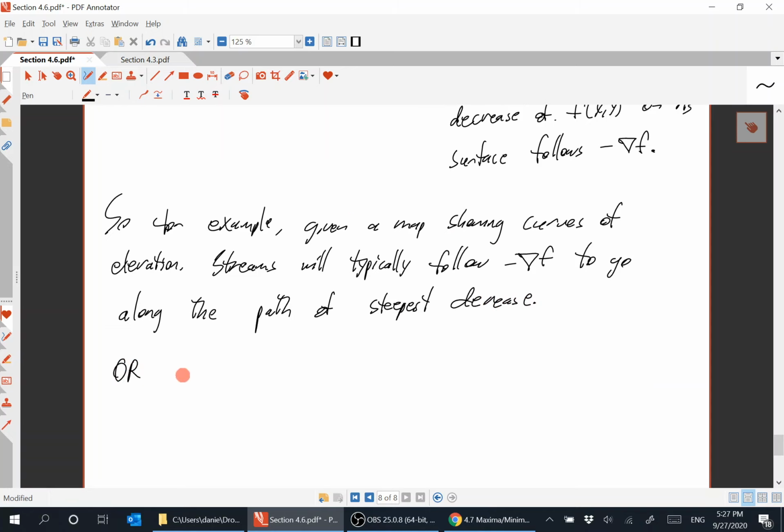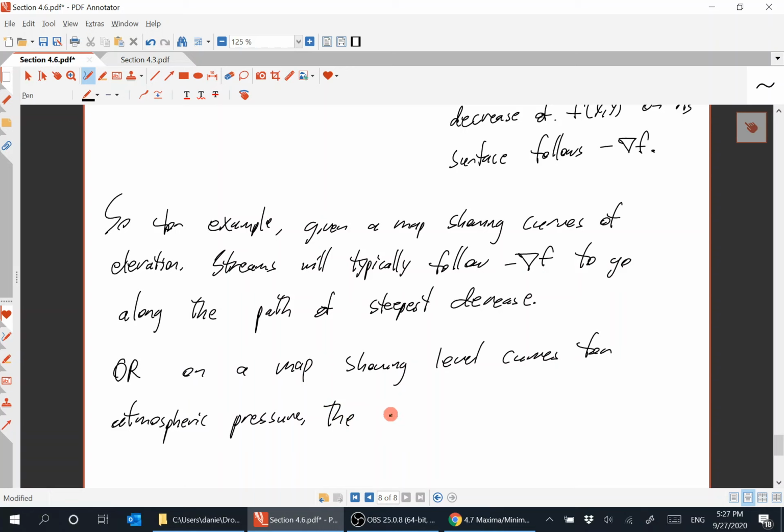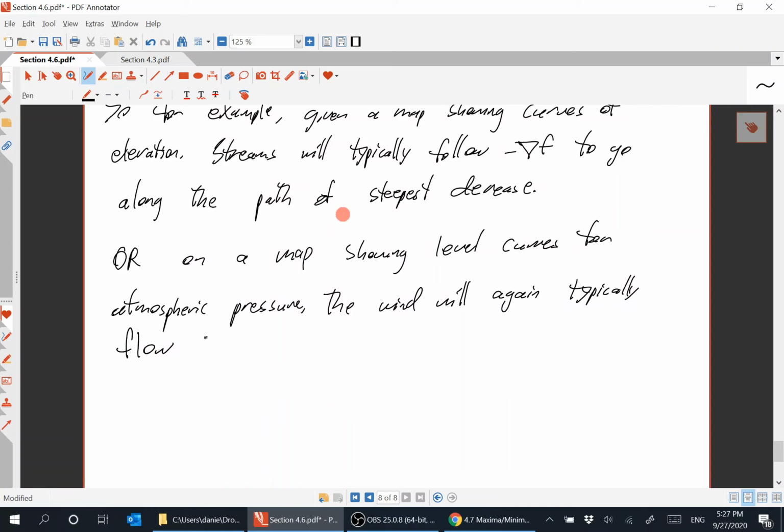Or on a map showing level curves for atmospheric pressure, the wind will typically flow down the gradient as well, down the steepest decrease in pressure.